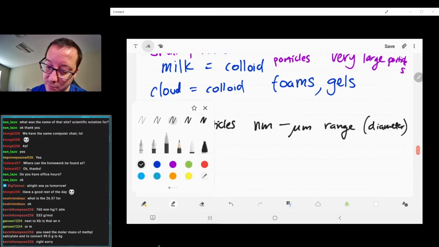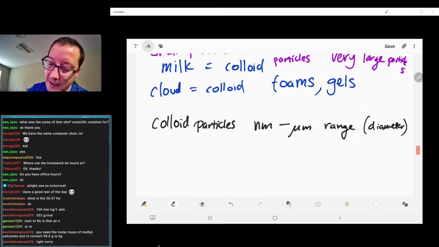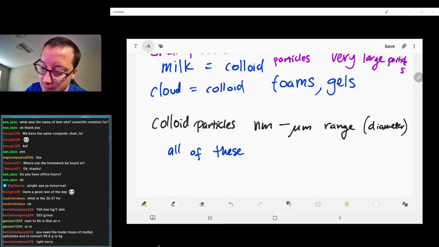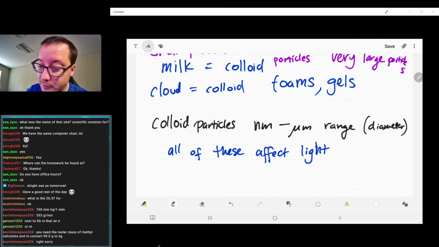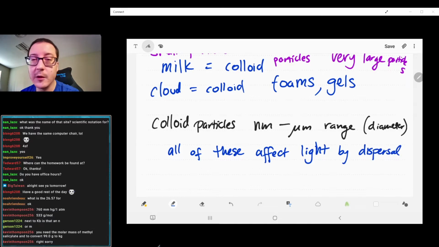There are some interesting properties here in that all of these will affect light. They will disperse light. So when light hits these particles, because they are big enough, they can actually reflect light in different directions.